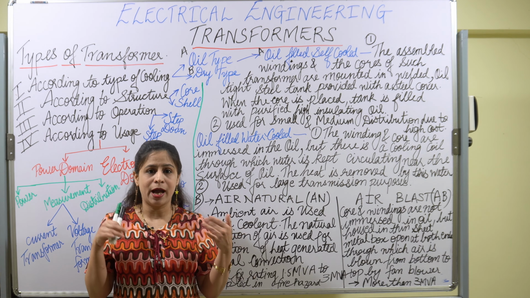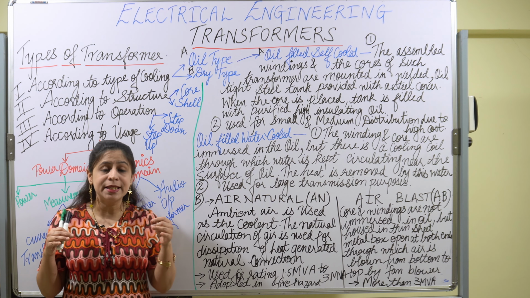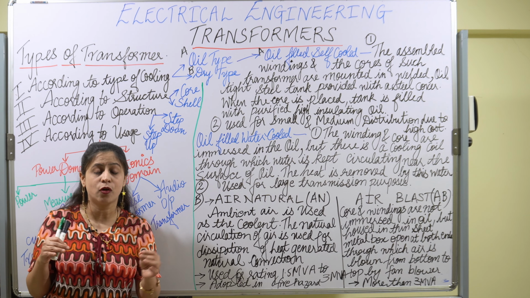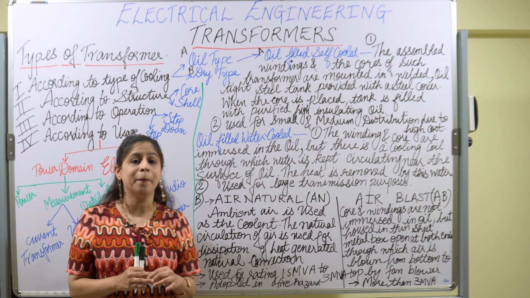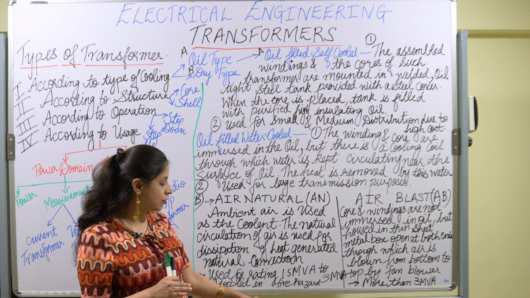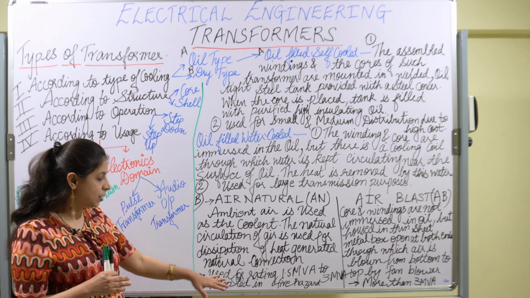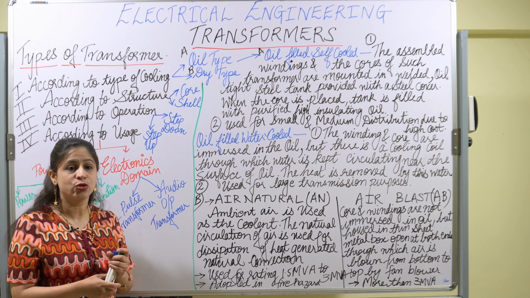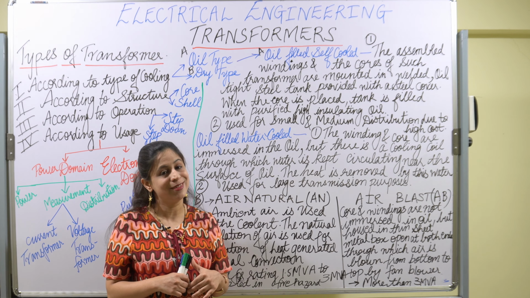Electricity and oil, and if any spark is made, or by mistake any spark comes, or any short circuit occurs in the transformer, then the area may catch fire. So in fire hazard areas, where fire can easily catch, the air natural transformers are used.